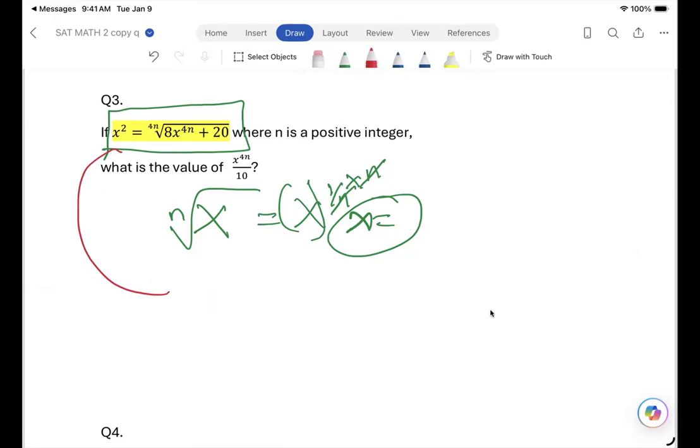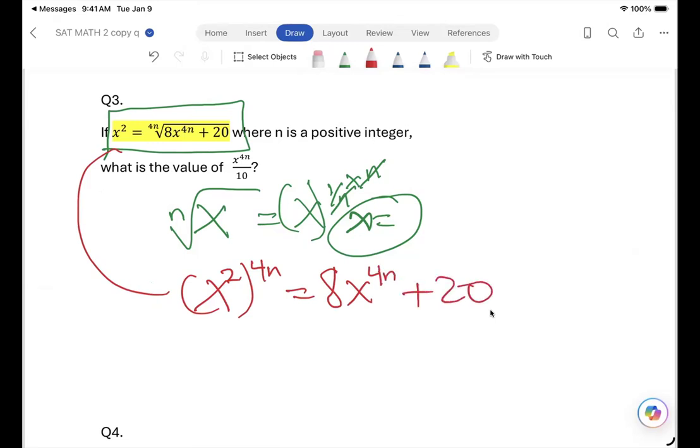The nth root, which is the 4n, multiply both sides by that. You have 2 to the 4n is equal to x. This will be 4n plus what? 20. And therefore, this is what? 8 to the nth. And then x, 8x, 4n, 20.